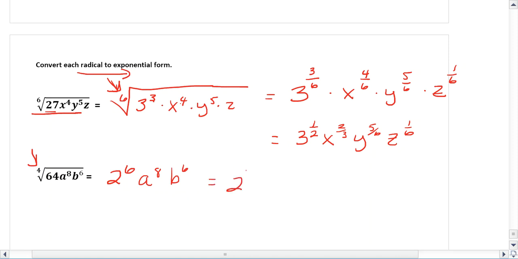So I have 2 to the 6/4 times a to the 8/4 times b to the 6/4. And then simplifying our exponents, this becomes, well, I can't even read my writing here. That was 6/4. Okay, so that must be 3/2, a squared, b to the 3/2. So now that's written in exponential form.